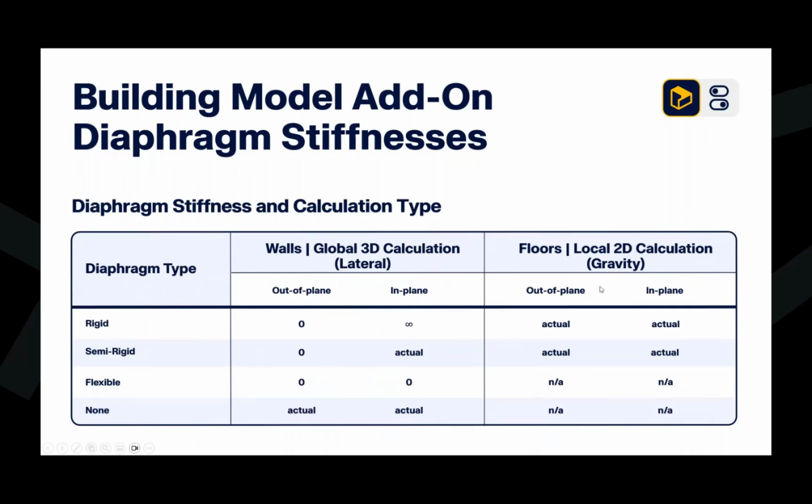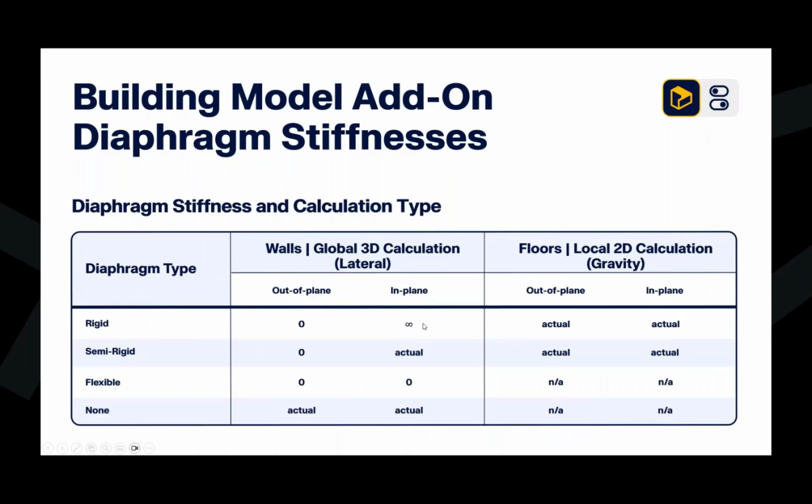So with this, we will extract out the floor elements and only apply those gravity loads. And as far as the stiffness, we'll actually use the true stiffness of the material, of the thickness that's been defined for that floor.